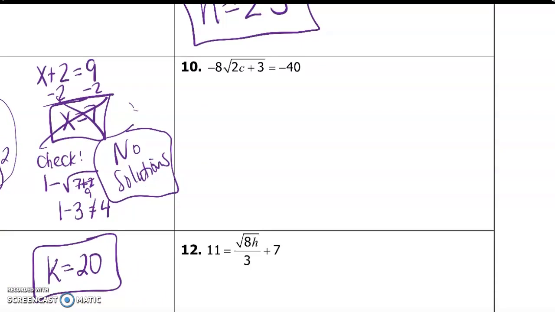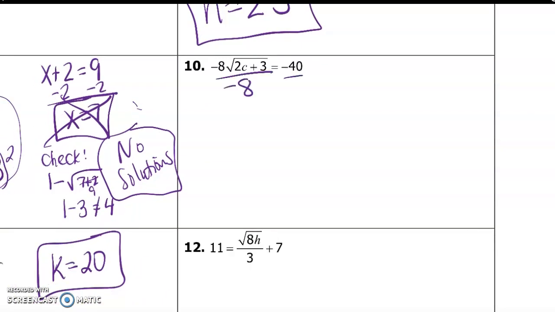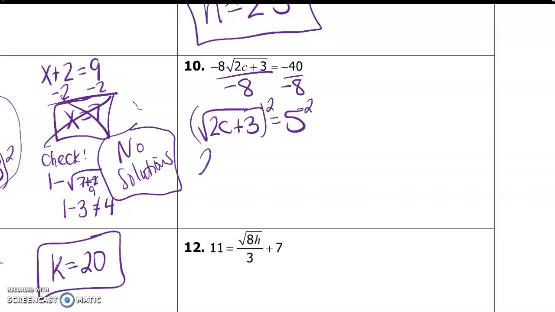Number 10, divide by -8, divide by -8. So again, you have to get rid of what's on the outside. So the square root of 2c plus 3 is equal to 5. Nothing else is on the outside, so we're going to square that and square that. 2c plus 3 is equal to 25.